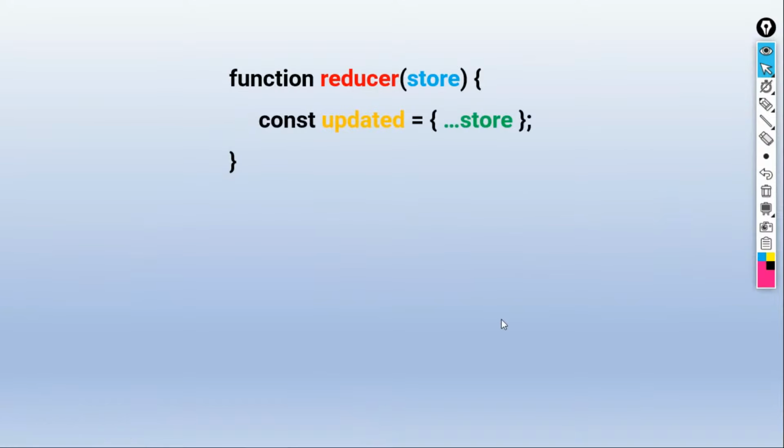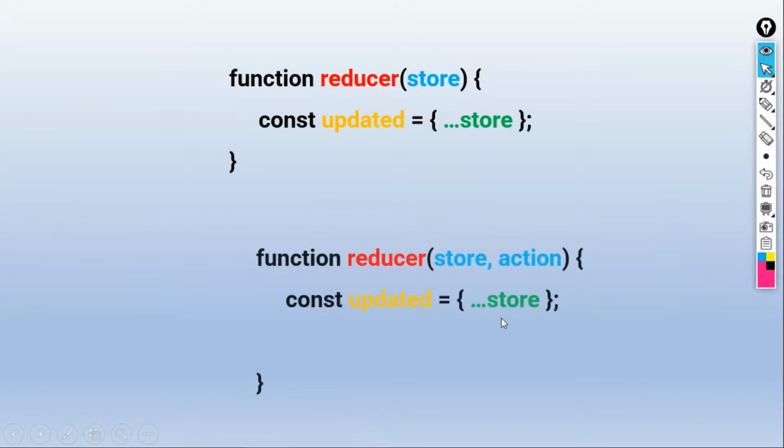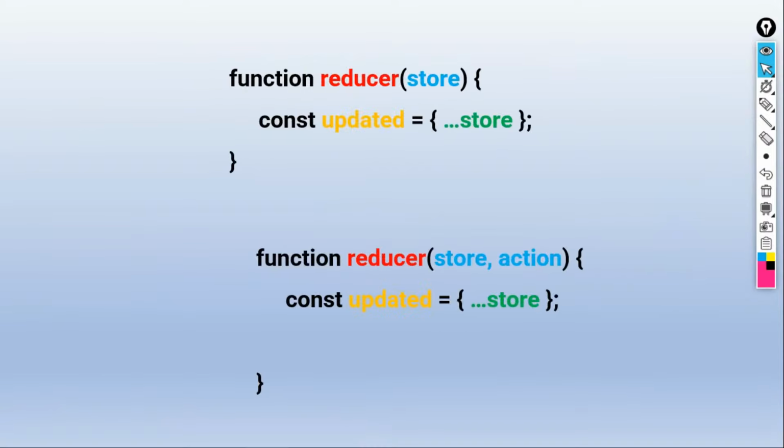We have store and action both. Action will help us update the data again, whether restaurants, food items, all those things. So we have only the reducer here which is helping us to update the data.